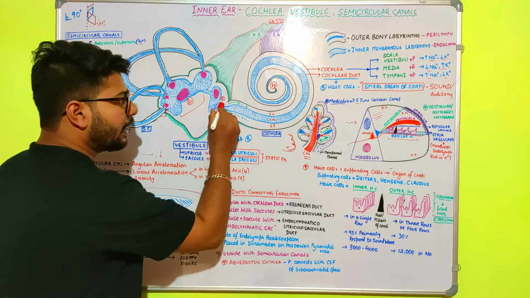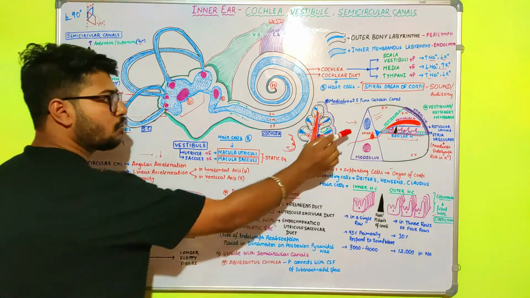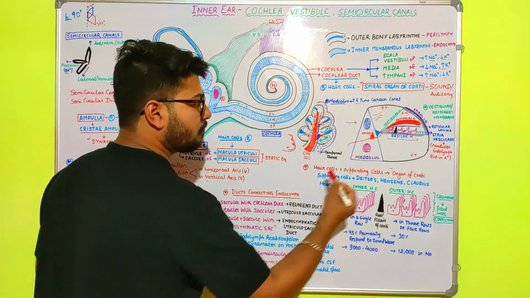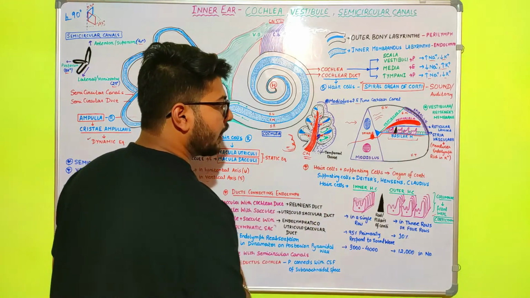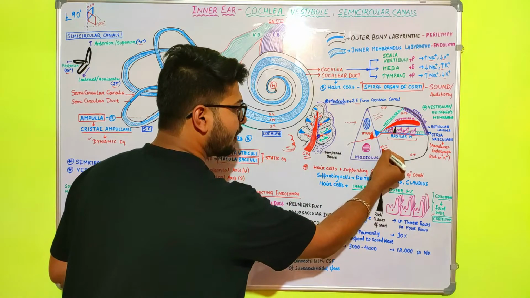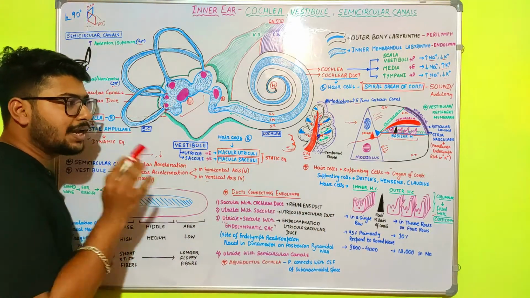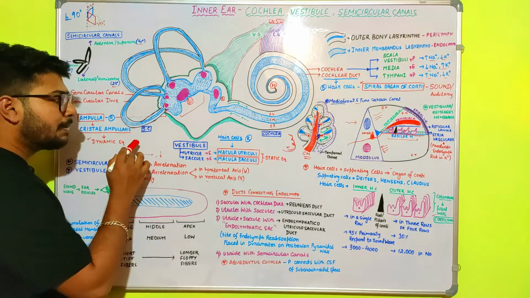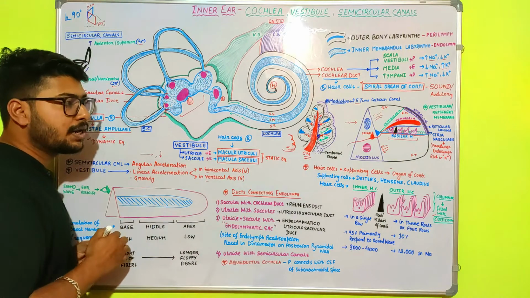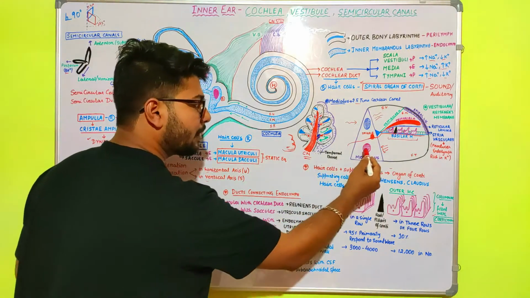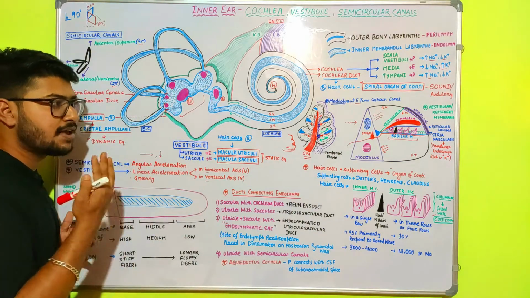If we see the beating of the footplate over this oval window in this direction, then of course the perilymph present in the scala tympani is going to beat at this round window in the opposite direction. So that is the reason why there is a difference between the beating of the tympanic membrane or secondary round window membrane in opposite phase direction.